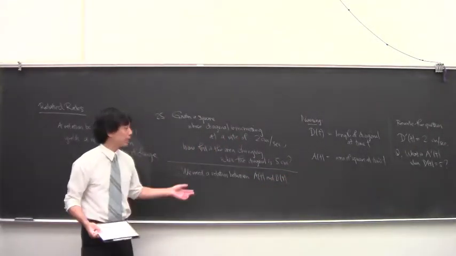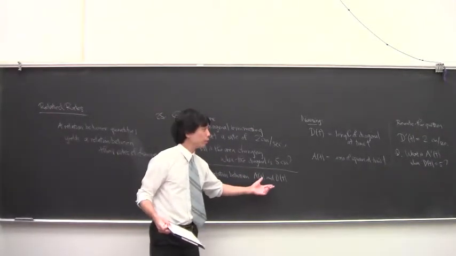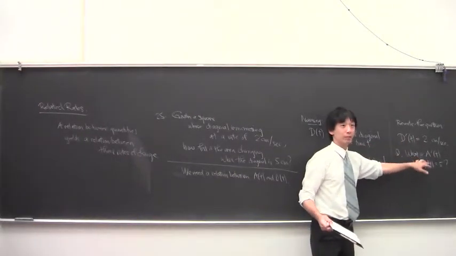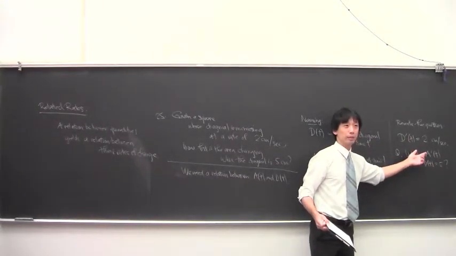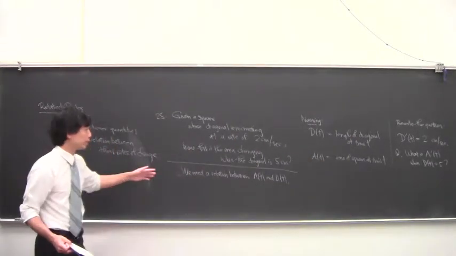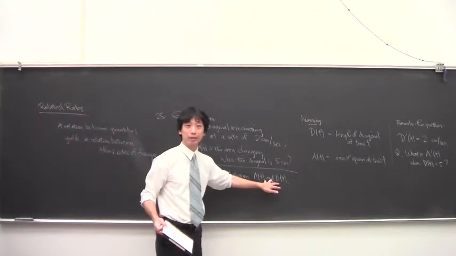If we can find a relation between them, we differentiate it, we'll get a relation between A prime and d prime, and then we'll use the things that we're given, d prime and d, to figure out A prime. So we need a relation between the area and the diagonal.